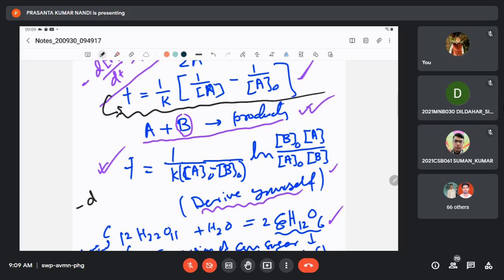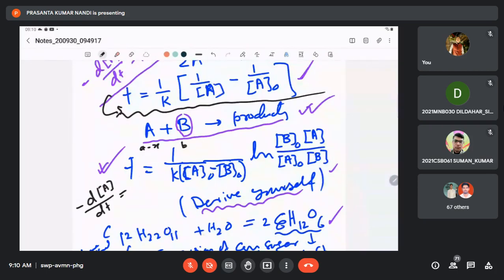Say the initial concentration of A decomposes in a one-to-one stoichiometric ratio.